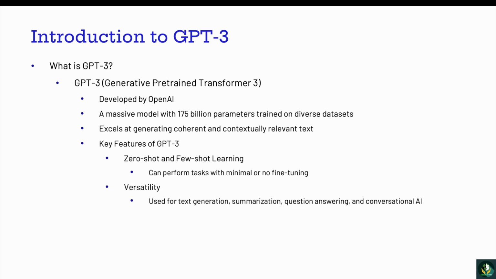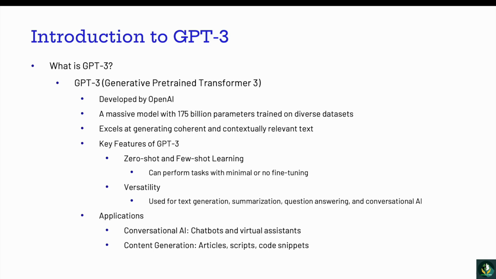Versatility: it's used for text generation, summarization, question answering, and conversational AI. Some of the applications include first, conversational AI, like chatbots and virtual assistants. Next is content generation, like articles, scripts, code snippets, and creative writing, like poems, stories, and creative ideas.